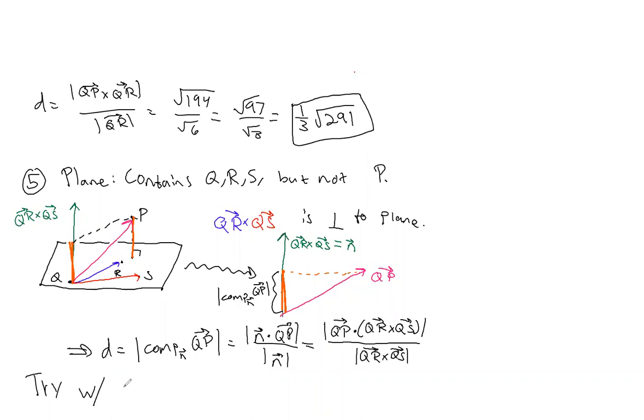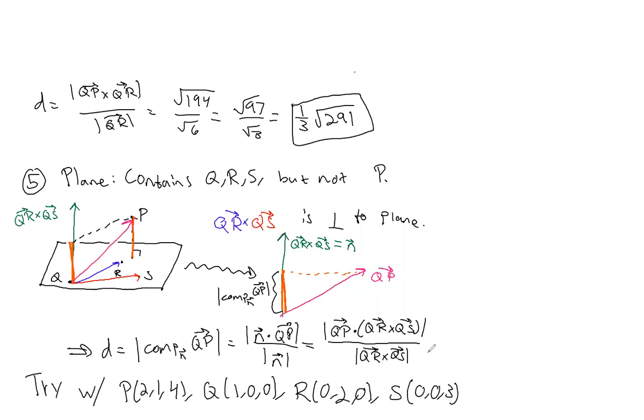The points I gave you were P (2, 1, 4), Q is (1, 0, 0), R is (0, 2, 0), and S is (0, 0, 3). Try doing that and see what happens. See what falls out after doing it with those values.